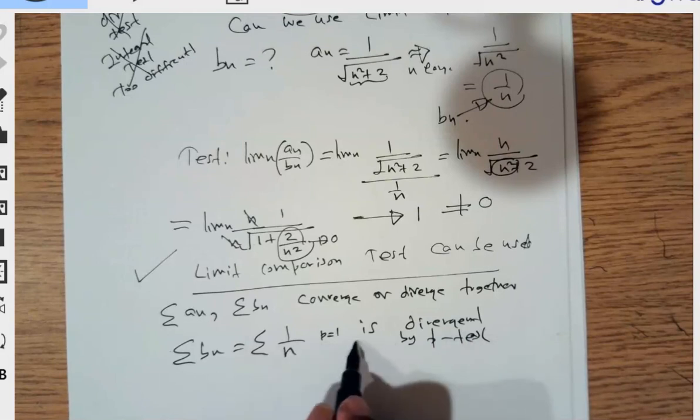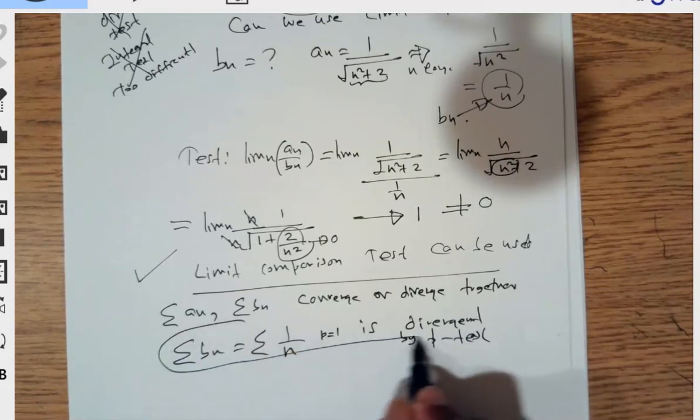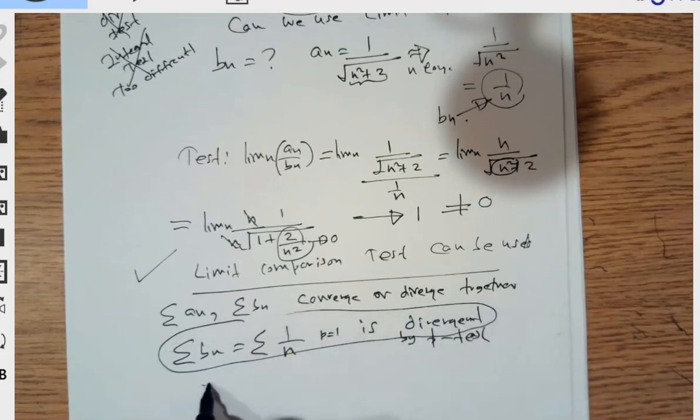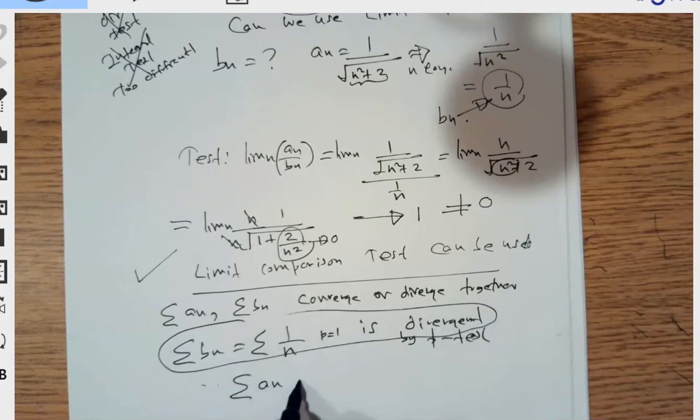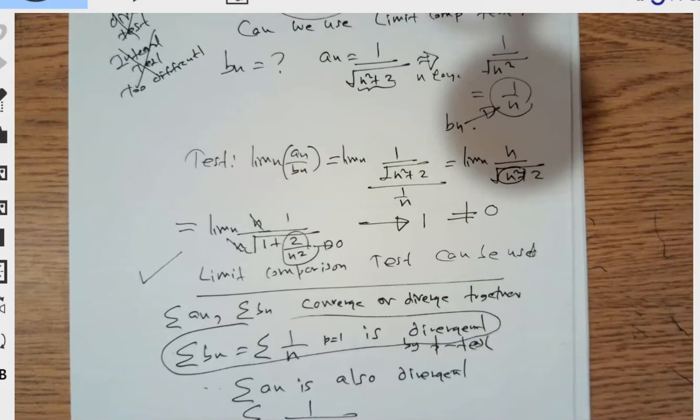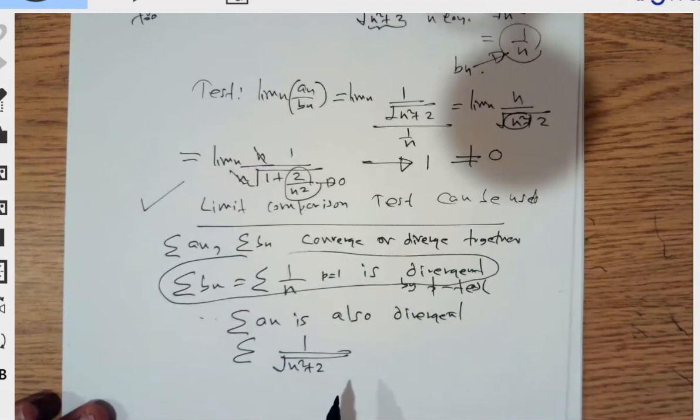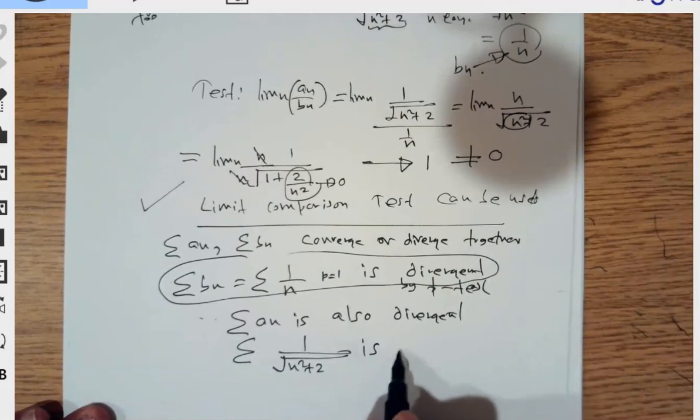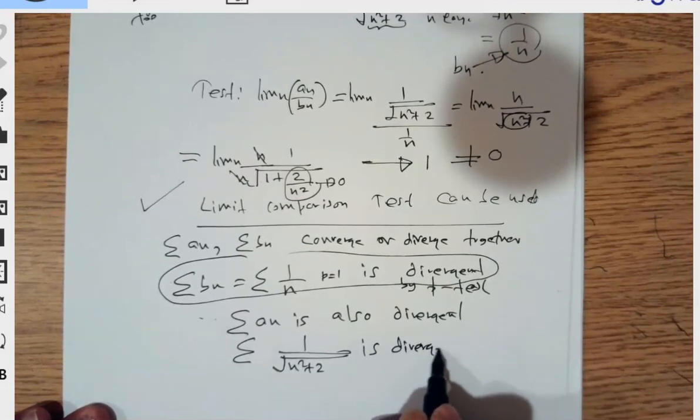So sigma bn is divergent, which means that sigma an is also divergent. So sigma 1 over square root of n squared plus 2 is divergent.